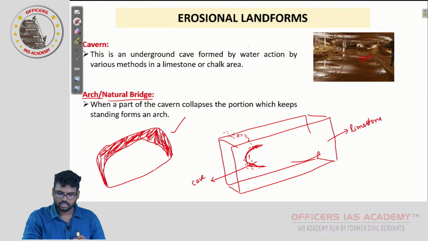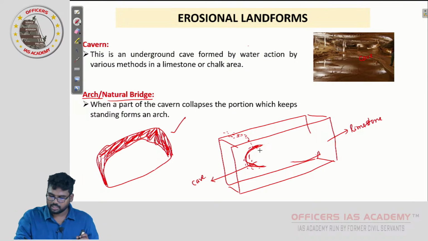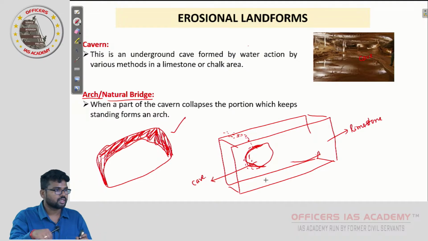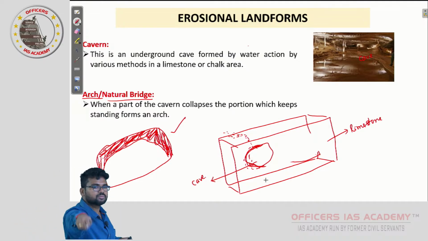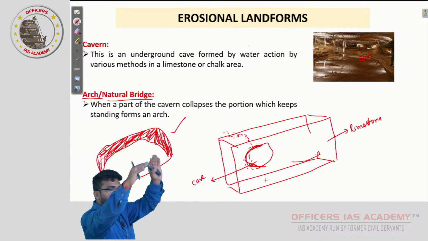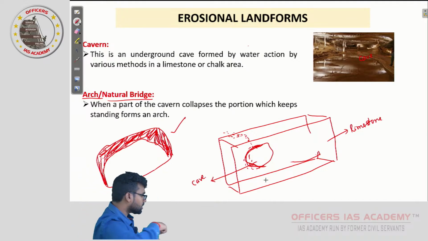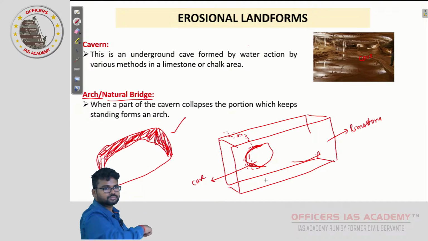So this kind of arch can be created, particularly when part of this cave collapses. Like see, here the hollow cave has been created and a portion of it collapsed, that has given rise to this entire arch-like structure.